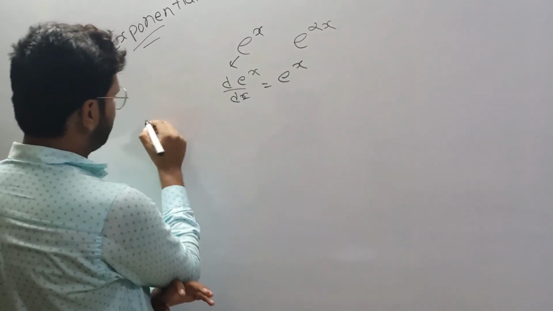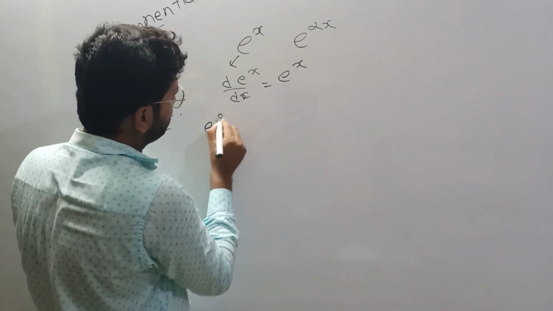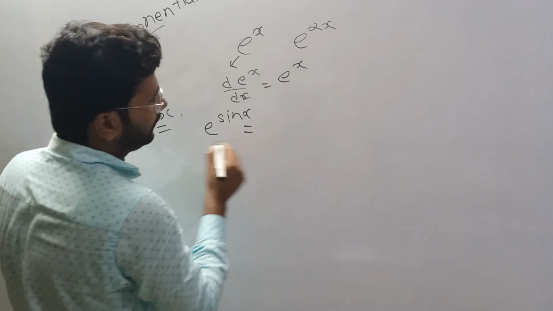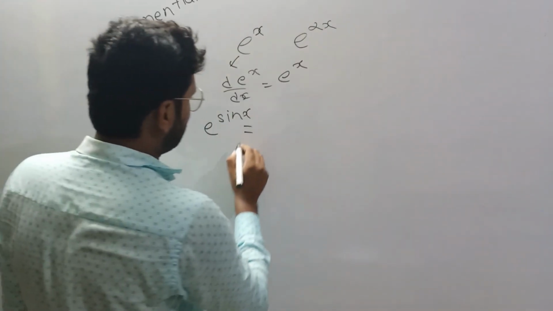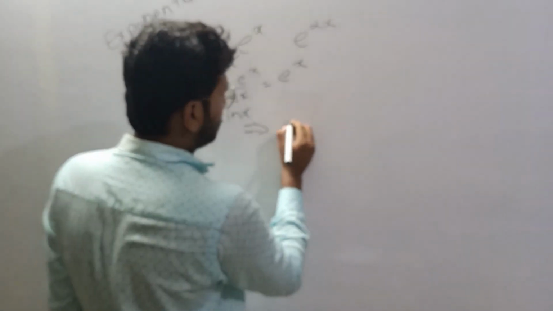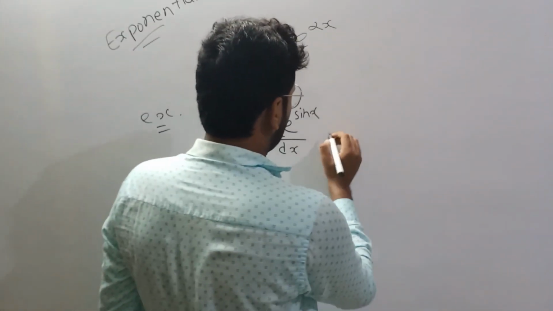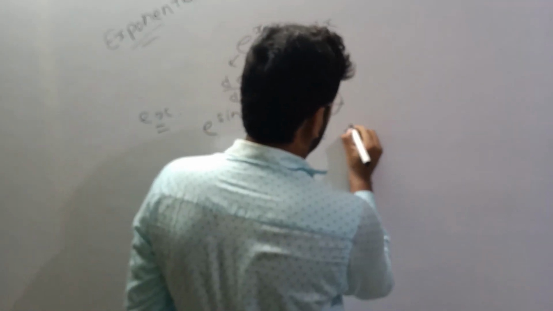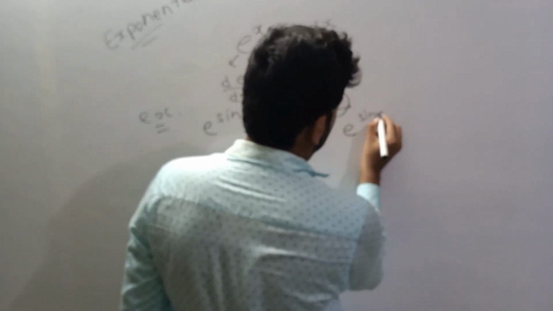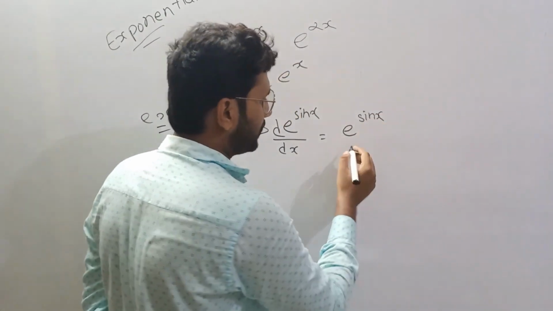Now suppose, for example, they have asked you to find the derivative of e raised to sin x. It looks like a tough question. So what will we do here? The derivative of e raised to sin x with respect to x: suppose we apply the chain rule, so it will become a function of t.